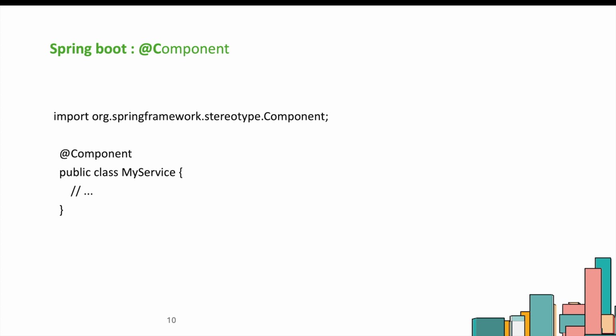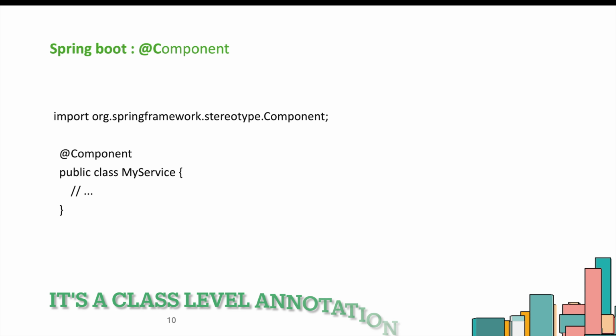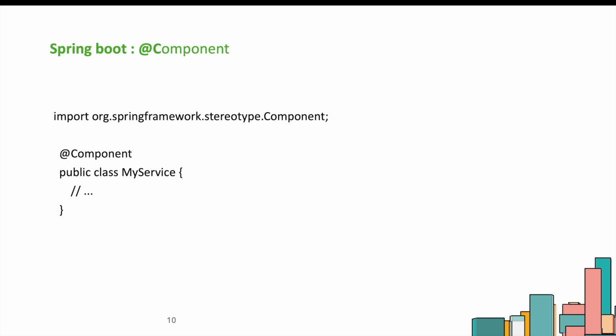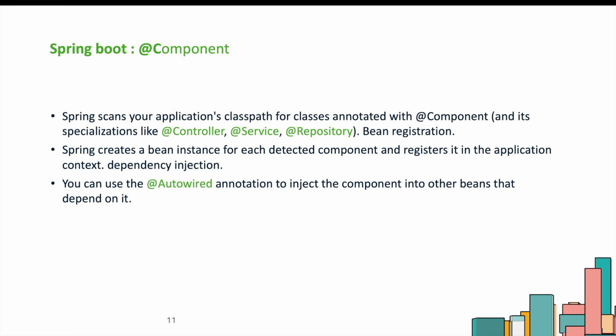So as I said, if you write a simple class and put @Component on the top of the class, that will be considered a component in Spring. This @Component annotation is available in the org.springframework.stereotype package. When the application starts, the container will check all the components in the classpath, create the objects, which are nothing but beans, and make them available.